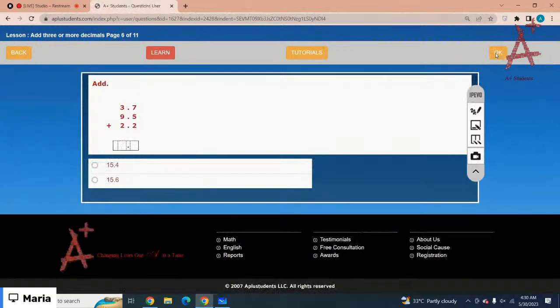Okay, the next one is 3.7, 9.5 and 2.2. Which is the correct option? The correct option is 15.4.